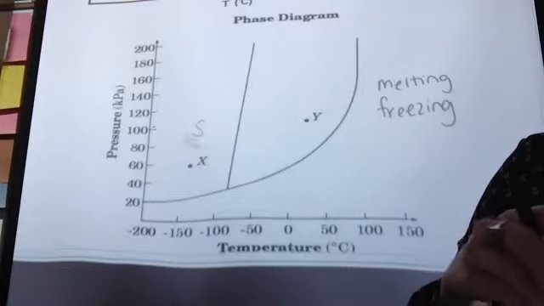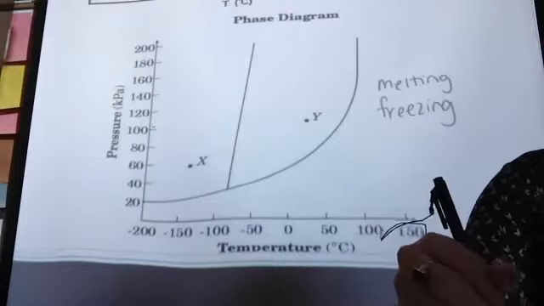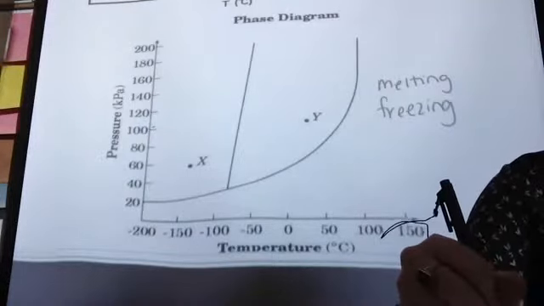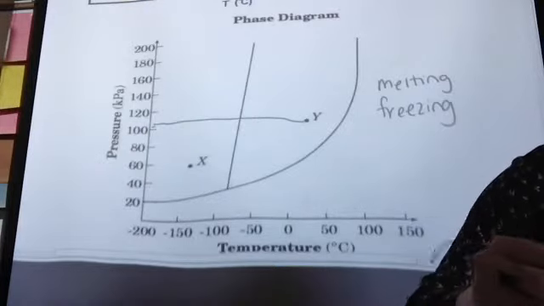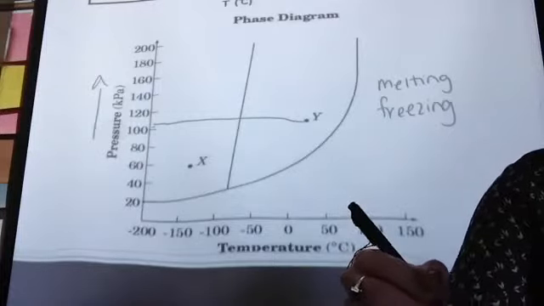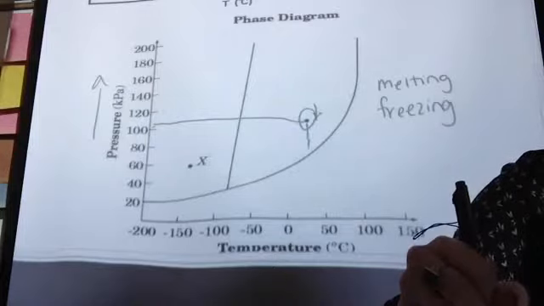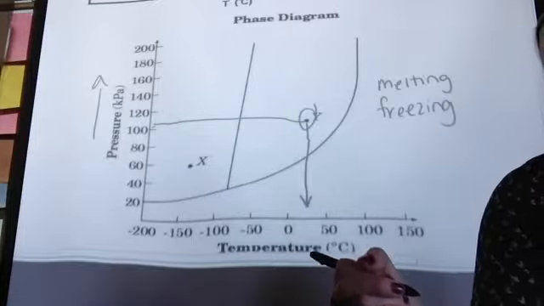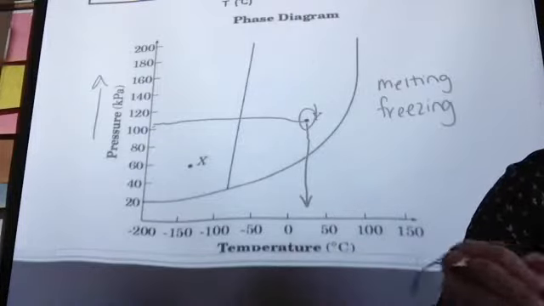What if the question asks you what happens to Y if I decrease the pressure? Well, I'm starting at this pressure, and pressure increases in this direction, so decreasing would be this point moving downwards. That's the decreasing pressure. So I started out at a pressure of 110.